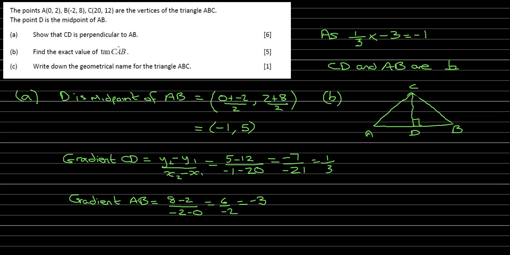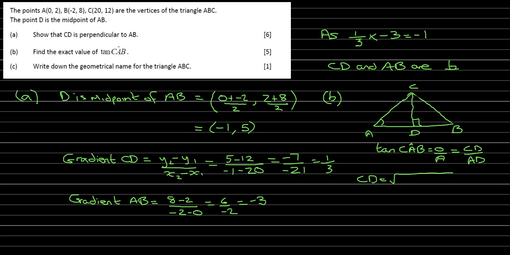So we want the exact value of tan CAB, so C to A to B is this angle just here, so the tan of CAB is equal to the opposite over the adjacent, so that's CD over AD.